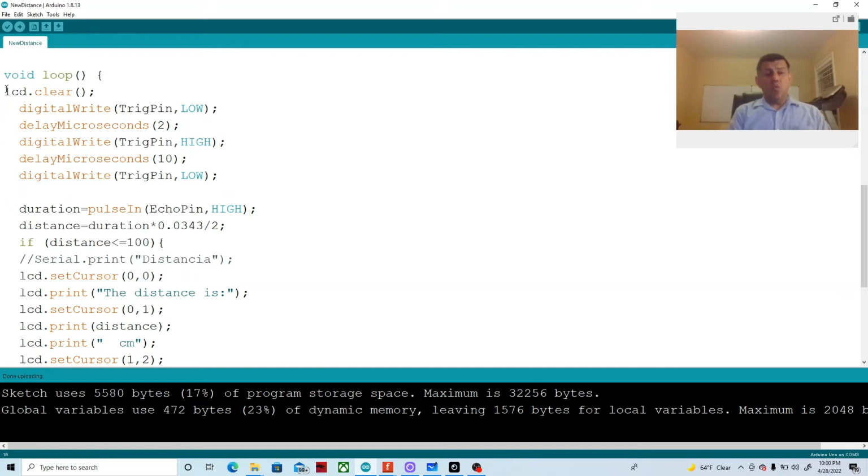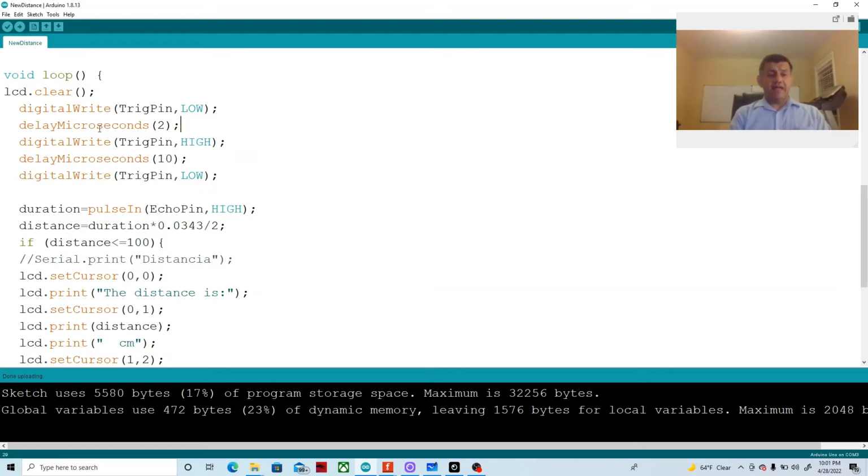So over here, you declare LCD clear, right? That will clear the LCD. Now digitalWrite, right? DigitalWrite means writing to the trigger pin, low, right?